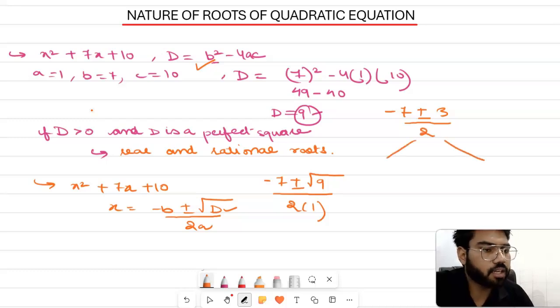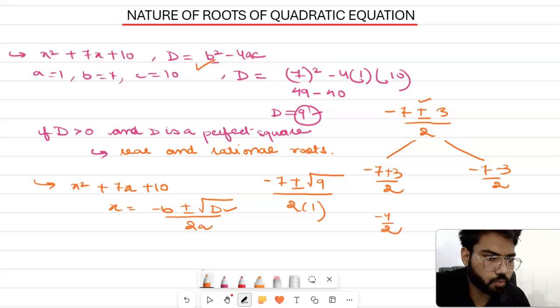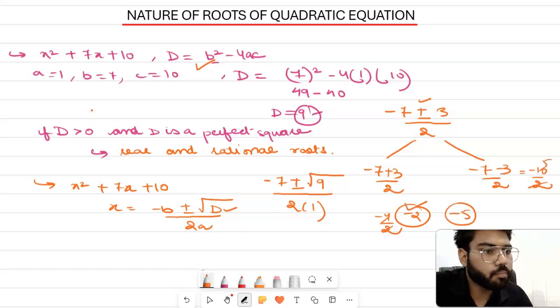So the two cases are first with plus and another with minus. Minus 7 plus 3 by 2 and minus 7 minus 3 by 2. So minus 7 plus 3 is minus 4 by 2 and this comes out to be minus 2. And minus 7 minus 3 is minus 10. Minus 10 by 2 is minus 5. So clearly we can see that both minus 2 and minus 5 are rational numbers because both can be written as minus 2 by 1 and minus 5 by 1, and both are real roots. So I hope you enjoyed. Thank you so much.